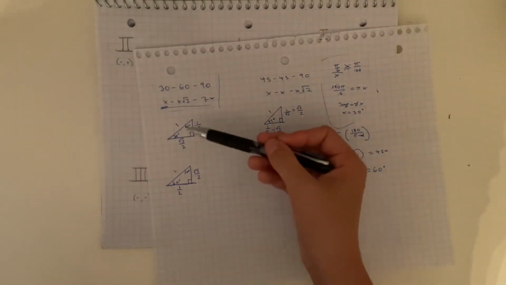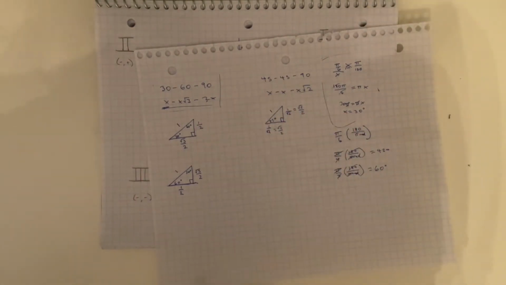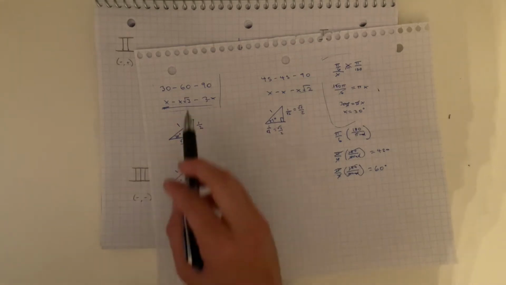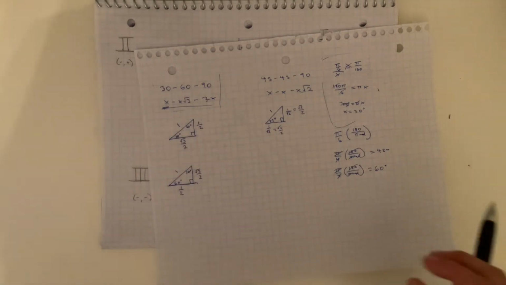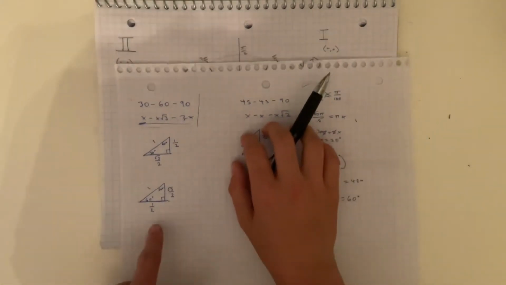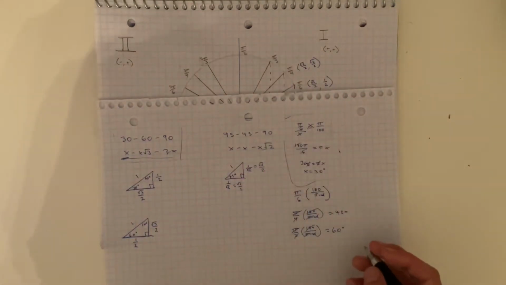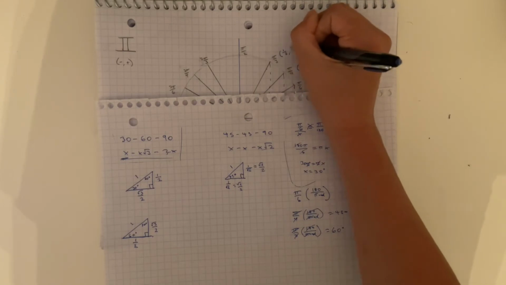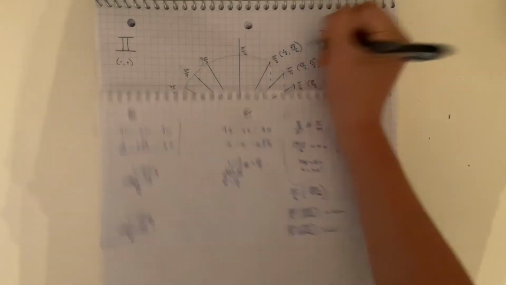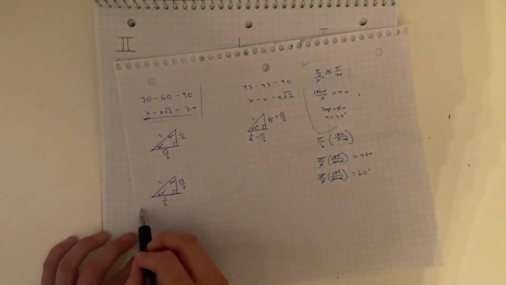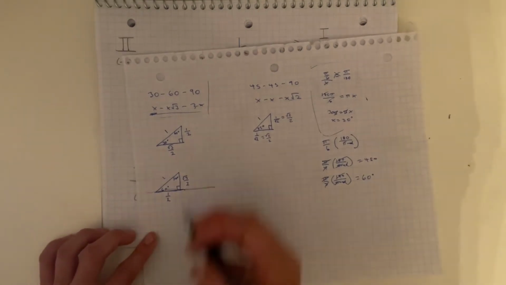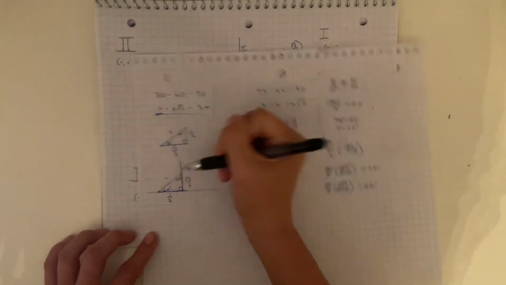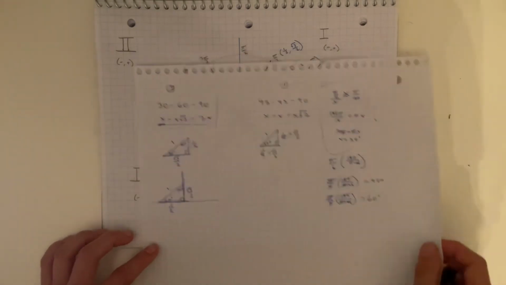As you can see, because both of these triangles have the same angles, they will also have the same side measurements, just in different places, which is to be expected. So now we know that for pi over 3, cosine is 1/2 and sine is root 3 over 2. Again, we know that because cosine is moving horizontally and sine is along the vertical axis.